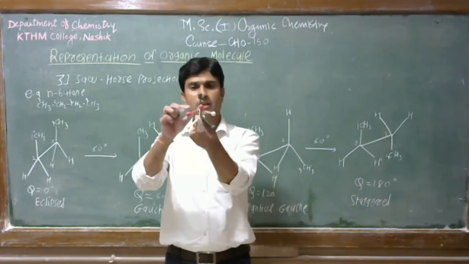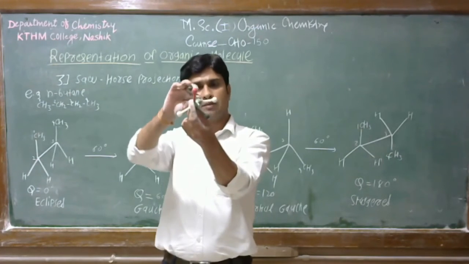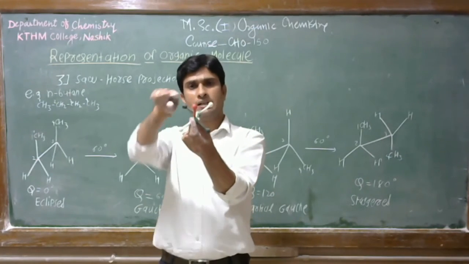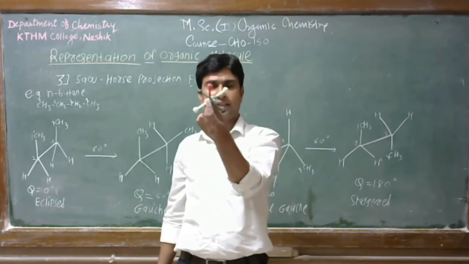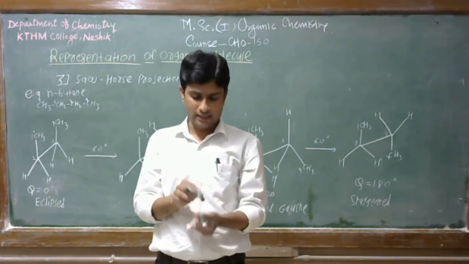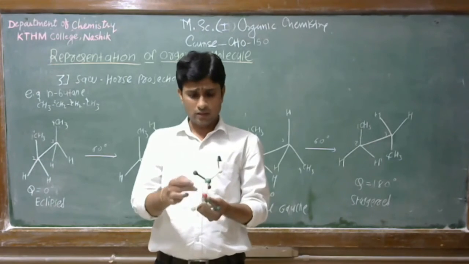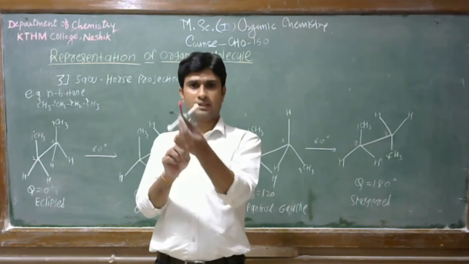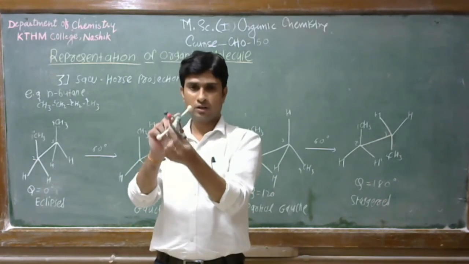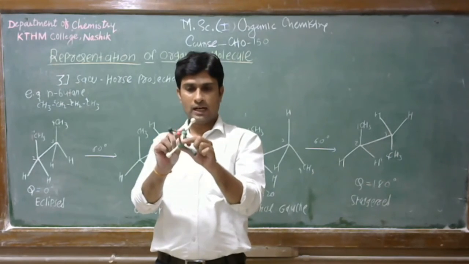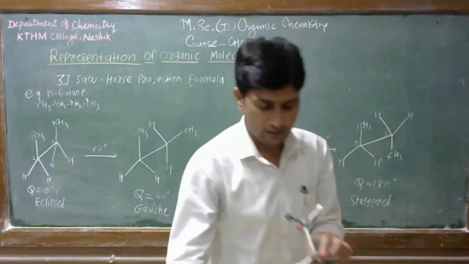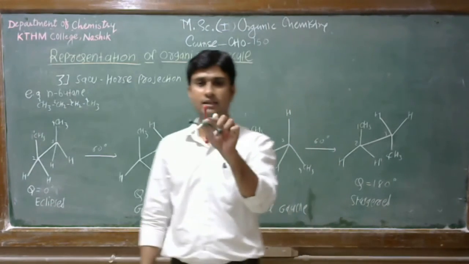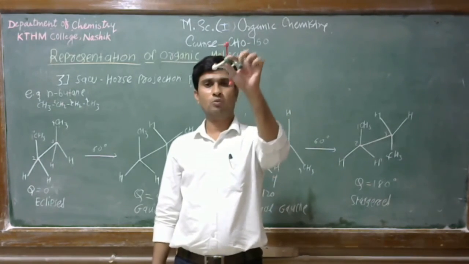And finally, when you rotate the carbon-carbon single bond by 60 degrees, the dihedral angle between these two CH3 groups will be 180 degrees. Now we can see here the CH3 group on carbon number 2 and the CH3 group on carbon number 3 are apart from each other, and hence there is very little steric hindrance, and the structure will be more stable.